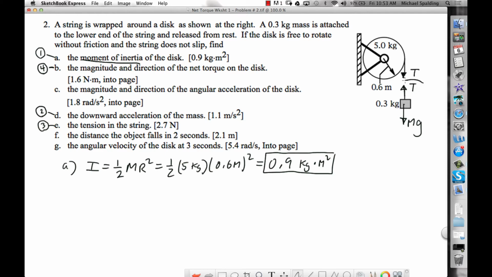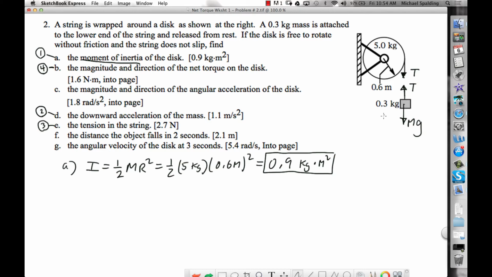Will the tension be equal to mg? It will not, because this 0.3 kilogram mass is going to be accelerating downward. If it's accelerating downward, what's going to be larger, mg or T? Mg. So you can't just say that the tension is equal to the weight of the mass.